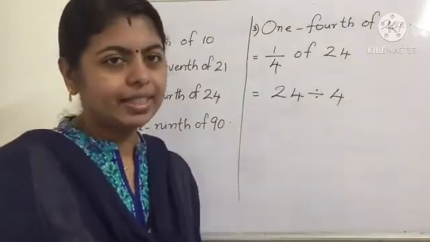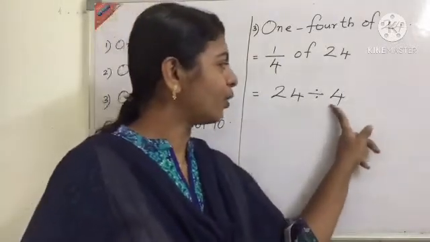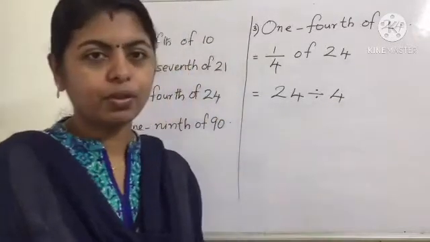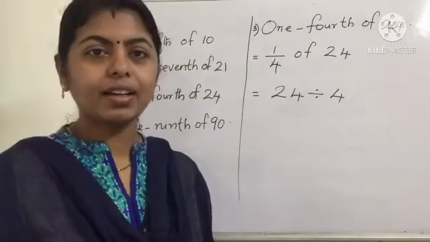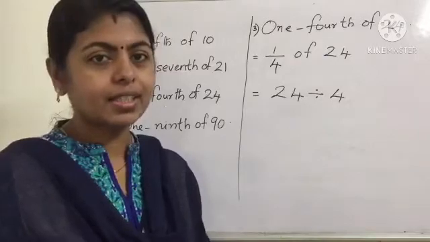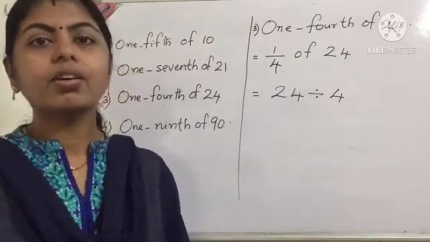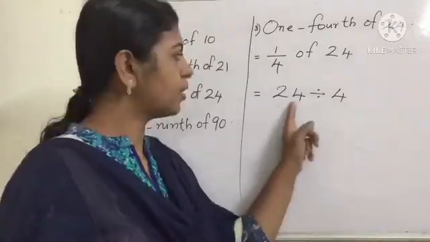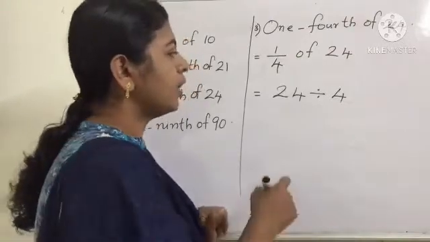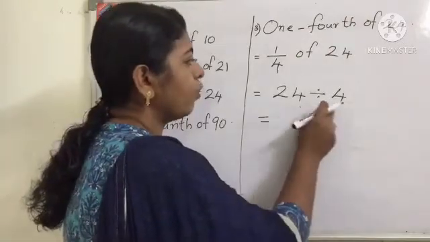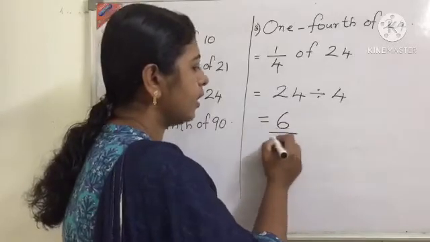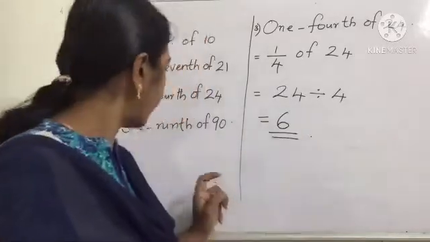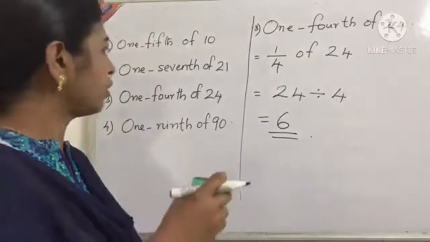Then what is the answer? For this we want to know the multiplication table of 4. 4 ones are 4, 4 twos are 8, 4 threes are 12, 4 fours are 16, 4 fives are 20, 4 sixes are 24. So what is the answer? It's 6. Now we can go to the fourth question.